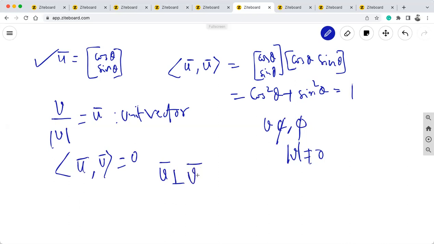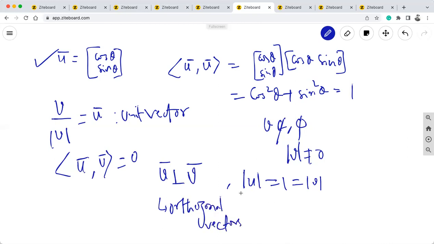They are orthogonal vectors. And if their amplitude is 1, meaning they are unit norm, and their dot product or inner product is 0, then we call them orthonormal vectors.